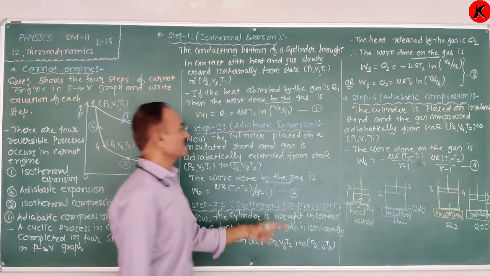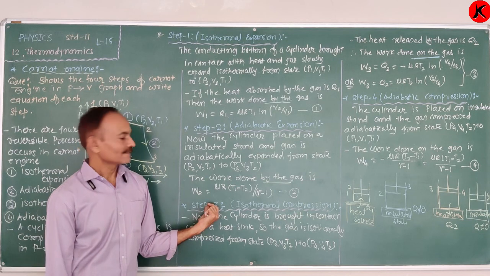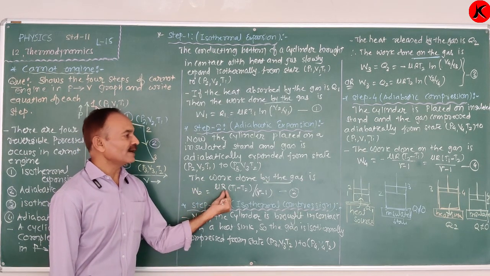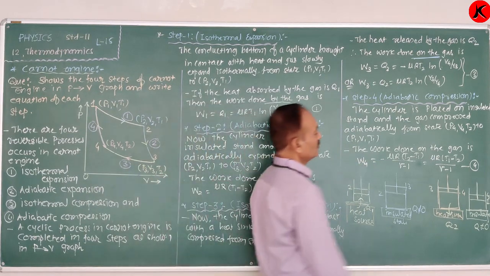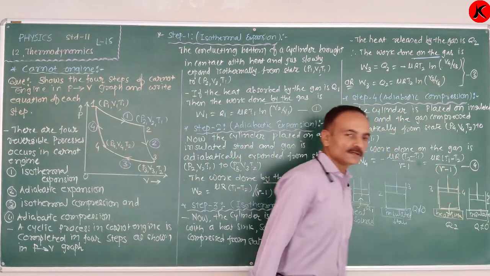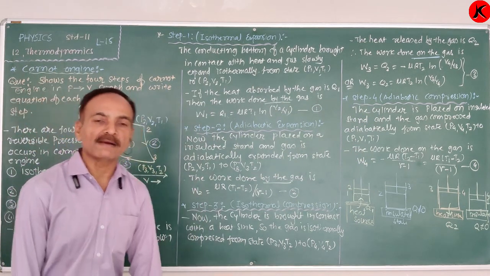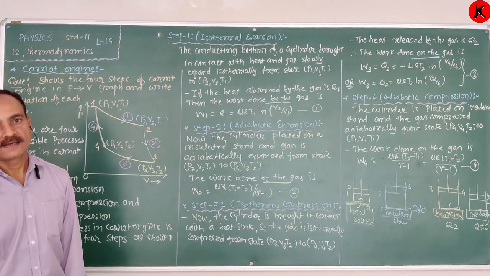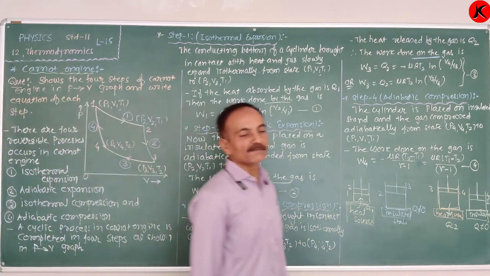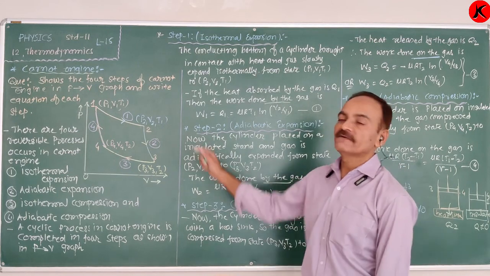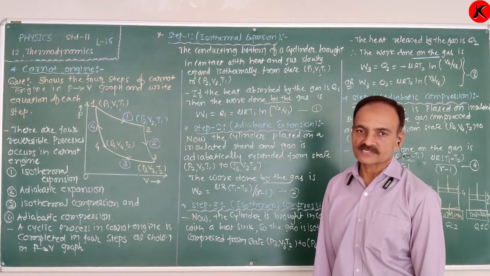Now listen, from equations 2 and 3, both equations are the same. Here W2 is equal to mu R T1 minus T2 upon gamma minus 1. Here also W4 is equal to mu R T1 minus T2 upon gamma minus 1. So keep in mind that in the Carnot engine, the cyclic process is completed by 4 reversible processes: 2 isothermal and 2 adiabatic.